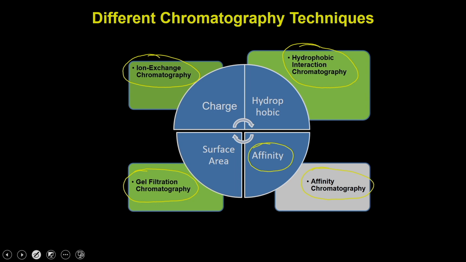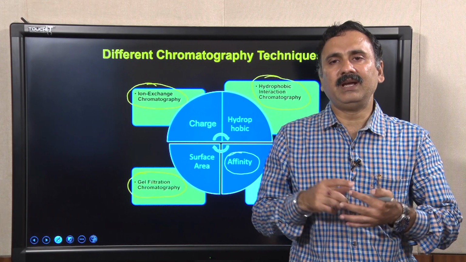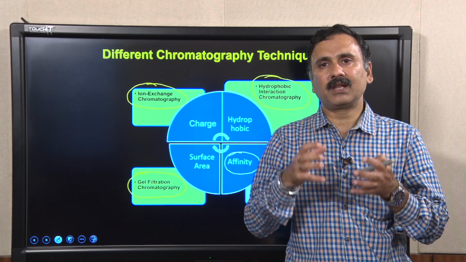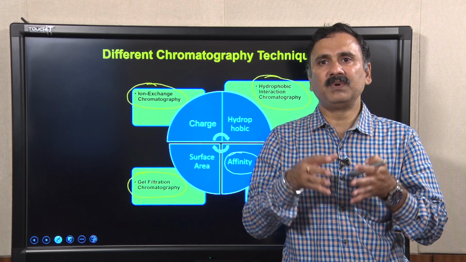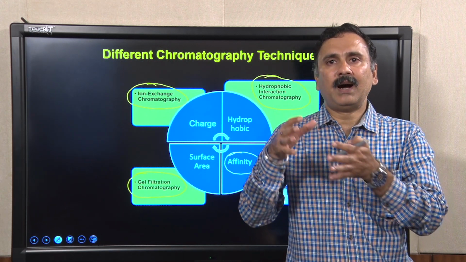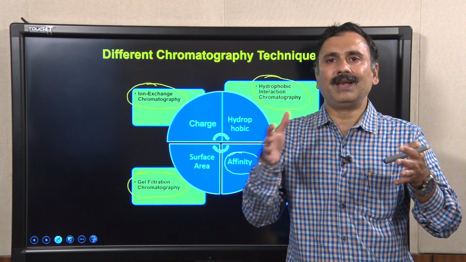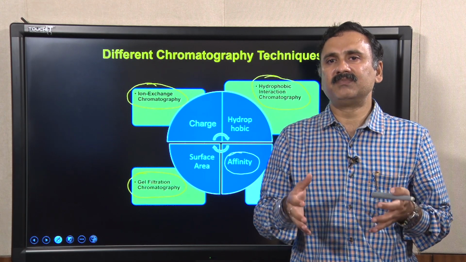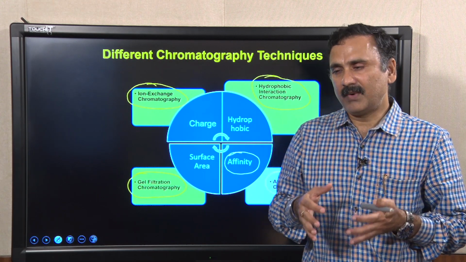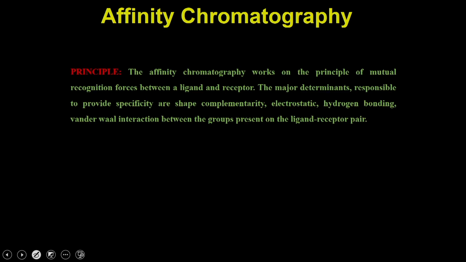As the name suggests, affinity chromatography works on the exclusive recognition principle of a particular receptor for a ligand, and that is the basic principle of affinity chromatography. It works on the principle of mutual recognition forces between the ligand and the receptor.